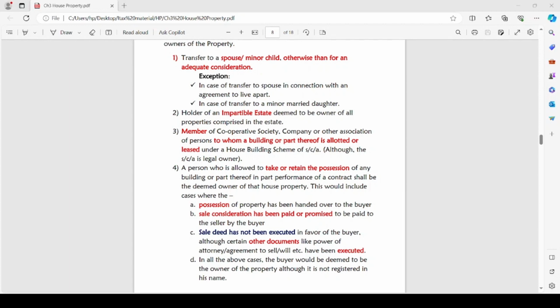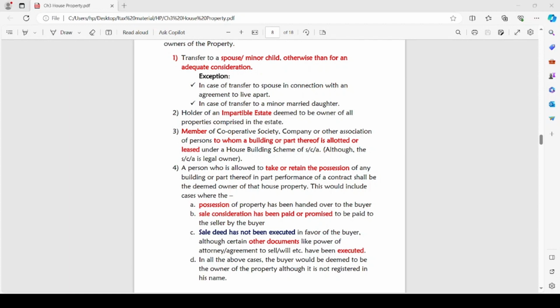When is the buyer considered as deemed owner of the house property? The cases are: number 1, possession of the property has been handed over to the buyer. The property is now possessed by the buyer. Sale consideration has been paid by the buyer or promised to be paid to the seller. Either the sale consideration has been paid or promised to be paid. In such a case, the buyer will be deemed owner of the property.